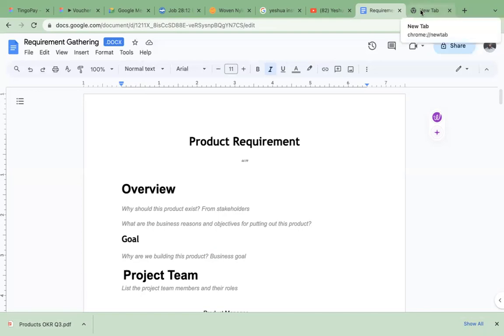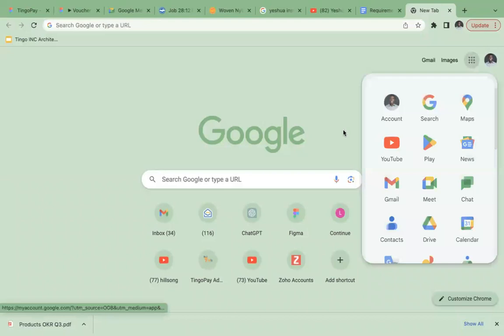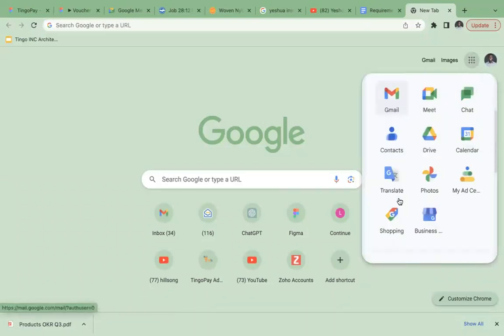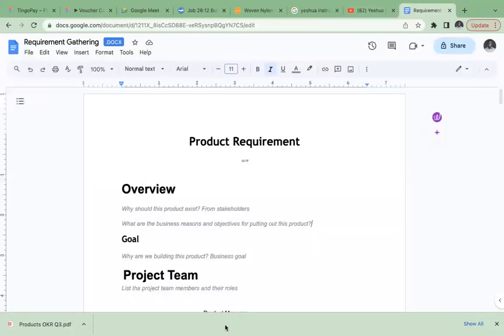Just give me a few minutes. Please tell me when my screen changes. It has changed. Yes, I'm going to use another browser.